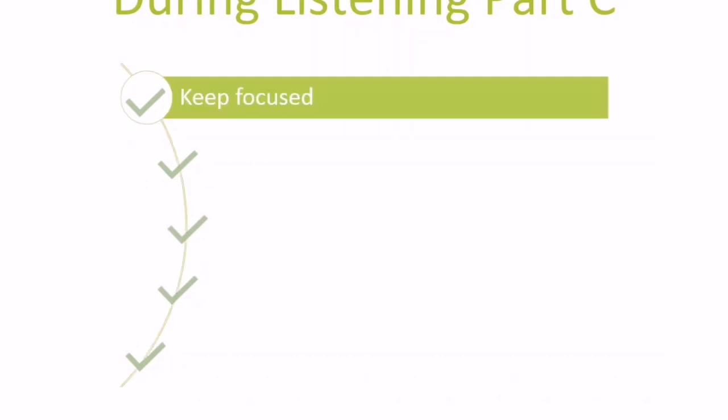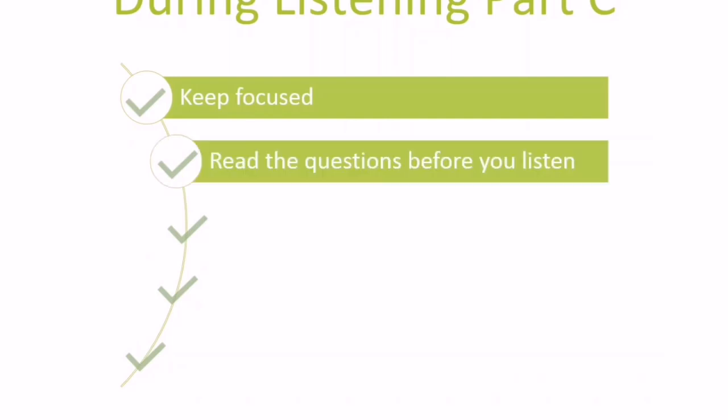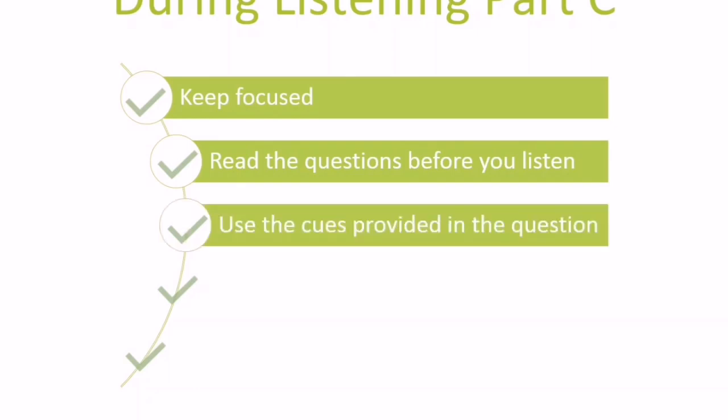In listening part C, keep focused. You need to keep listening and concentrating for the whole of each audio extract. In the reading time, read the questions carefully and understand the information provided in each answer option. Listen for the audio to introduce each question to help you know where you are in the recording.